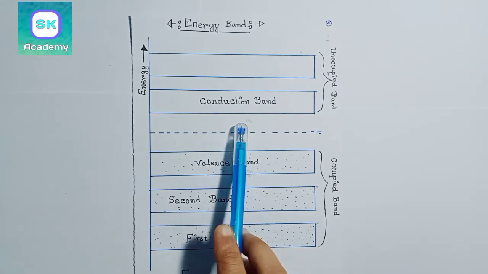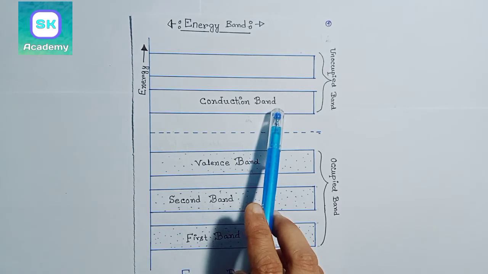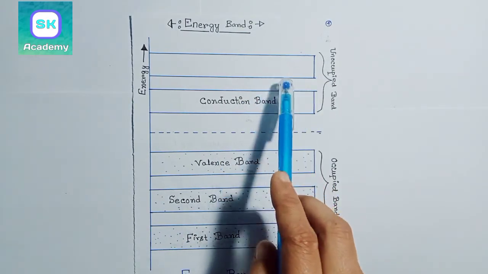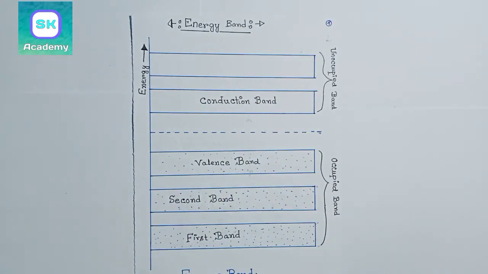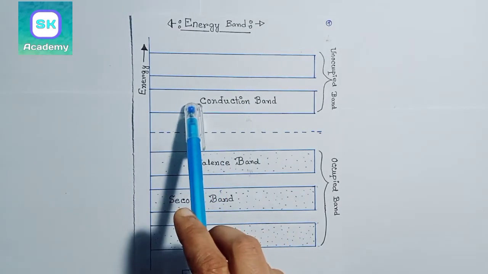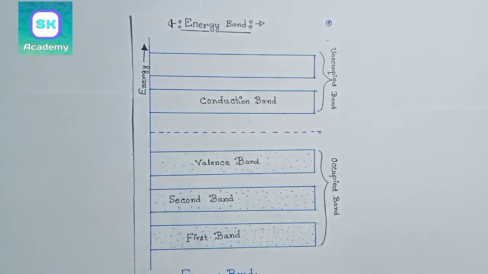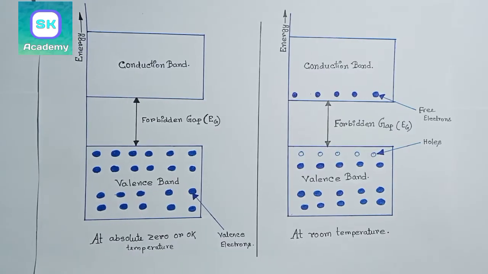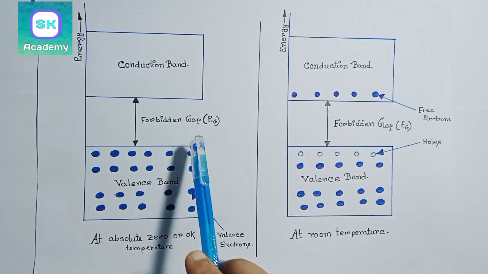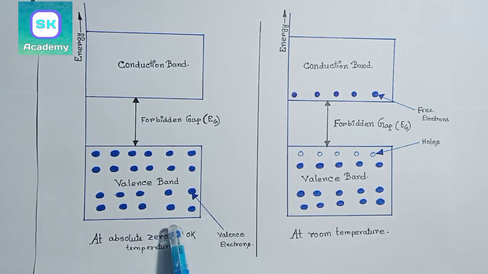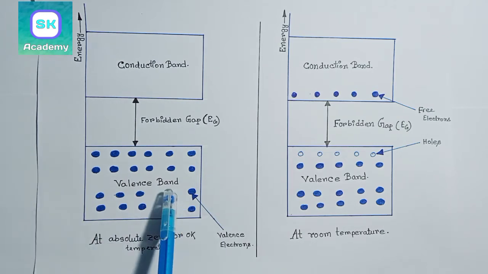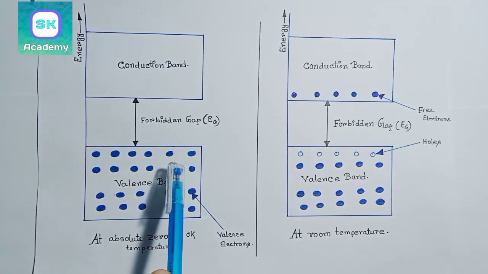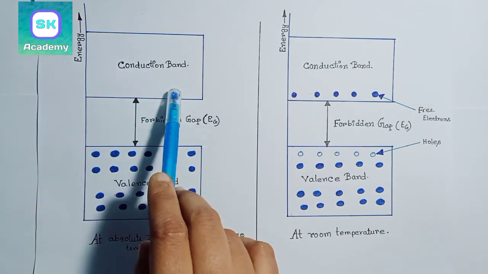Next is conduction band. Conduction band is the lowest unoccupied band. Under normal condition, conduction band is empty. This is the clear picture of valence band and conduction band at absolute zero temperature and at room temperature. At absolute zero temperature or 0 Kelvin, valence band is completely filled with valence electrons, but conduction band is empty.